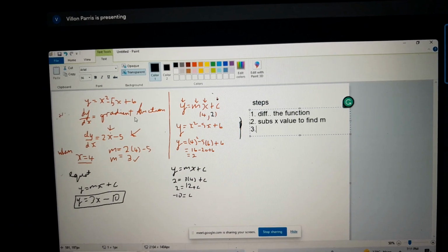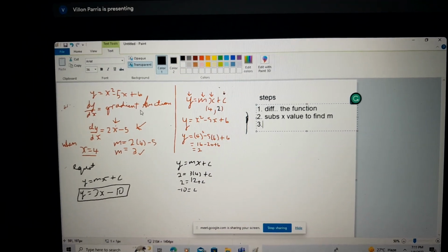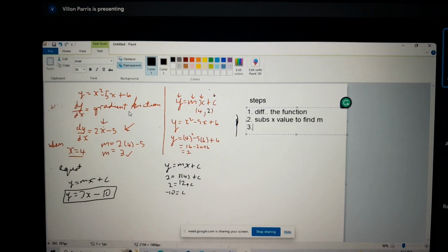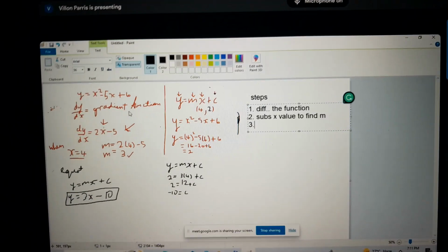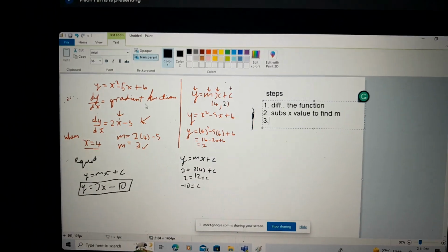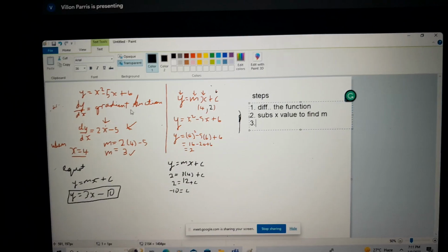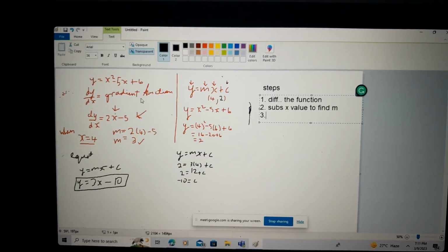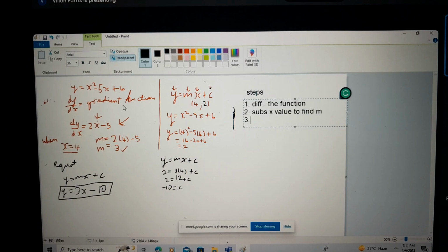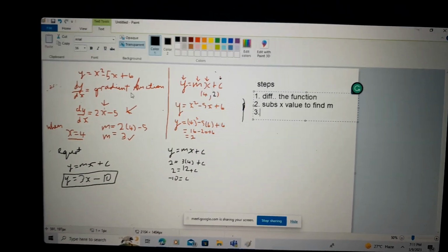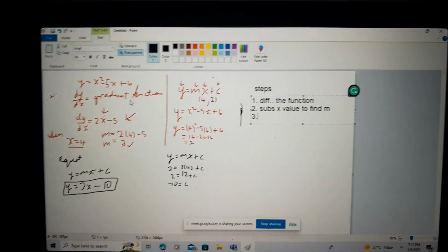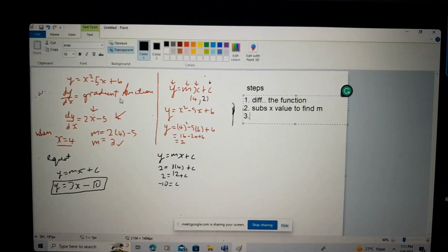Which values? So the gradient. Yeah, go ahead. Come on, anyone can talk.